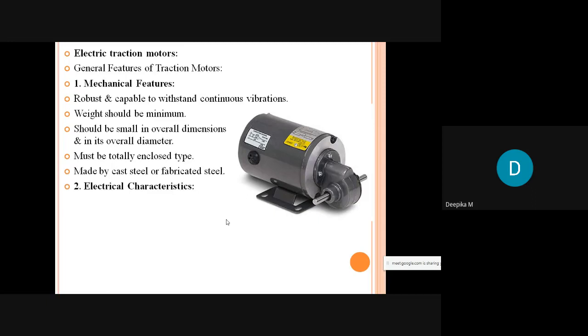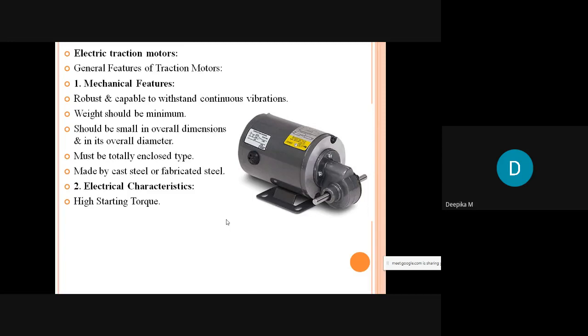Next we have the electric characteristics. Coming to the electrical characteristics, first and foremost, it should have high starting torque, because the traction system is usually under rest condition, and when we accelerate it, it is going to move.